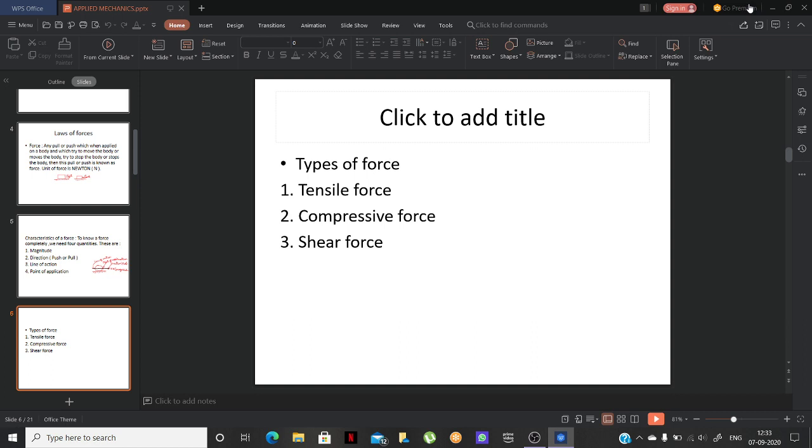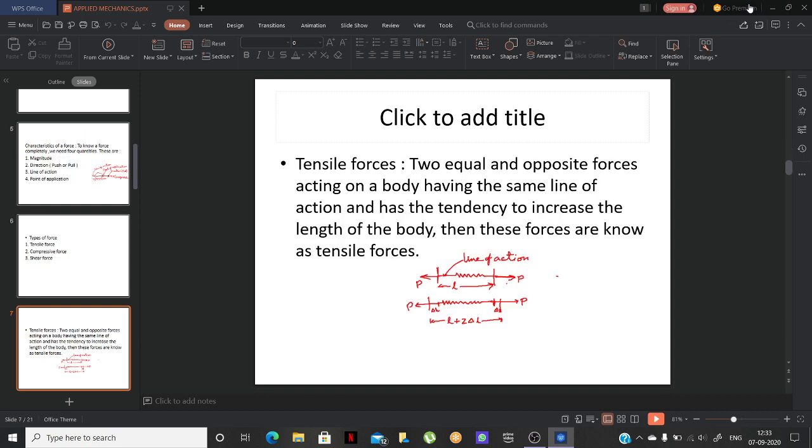Types of forces. Forces are of three types: tensile force, compressive force, and shear force. Now, what are tensile forces?